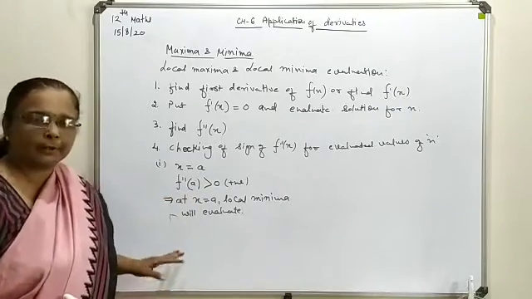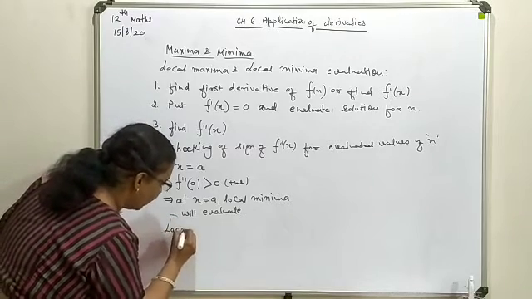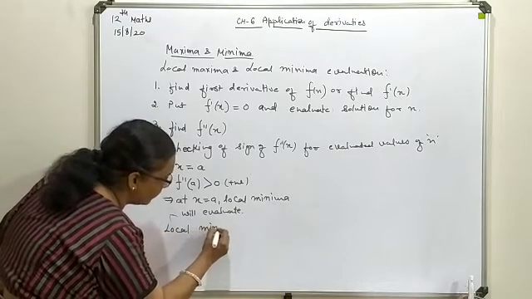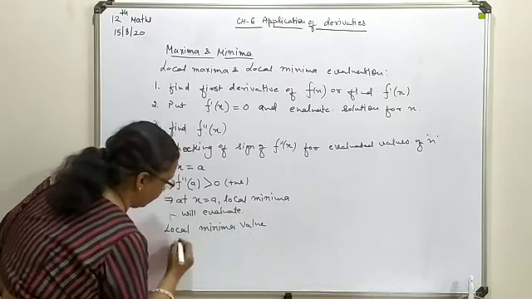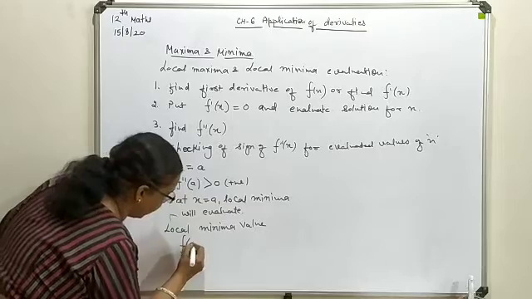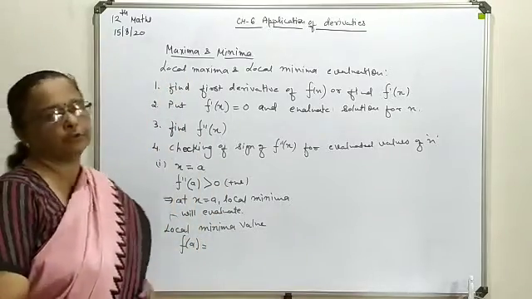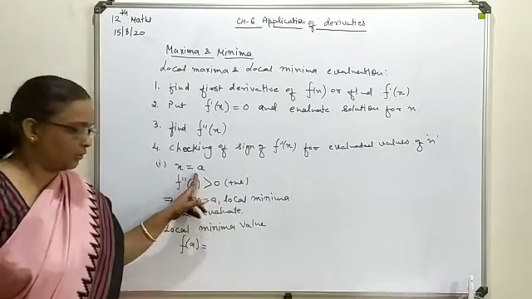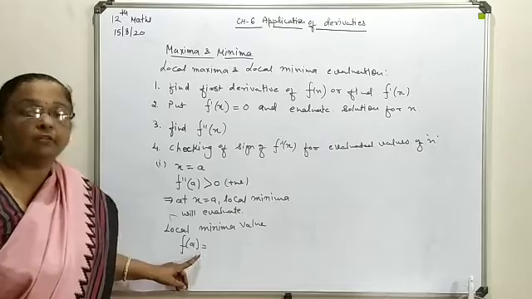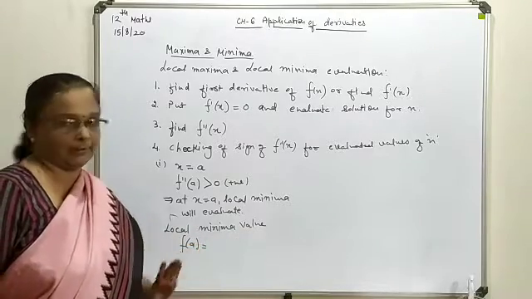Local minimum value here only you will evaluate is f(a), means in the f(x) function what it is being given to you in the question form, that particular value of x you will substitute and find out its function value, that will give you local minima value.